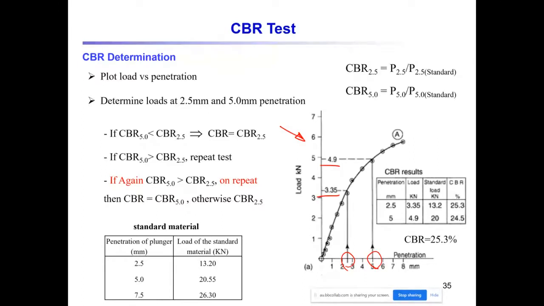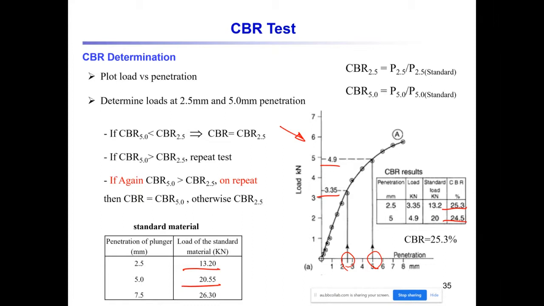After reading these two values, you need to divide them by the relevant standard loads. The standard loads are coming from the table, 13.2 and 20.55, and you calculate the value of the CBR. So I showed you one example last time, 25 and, for example, 24.5.